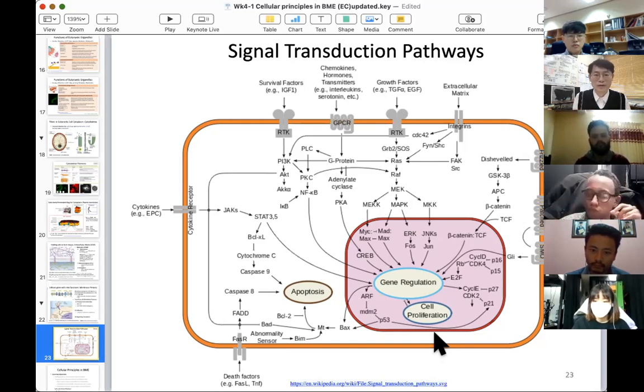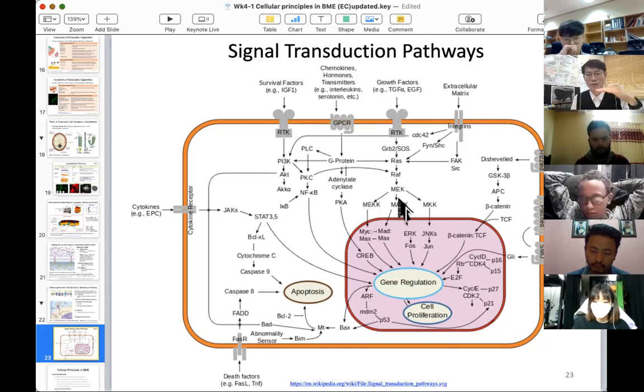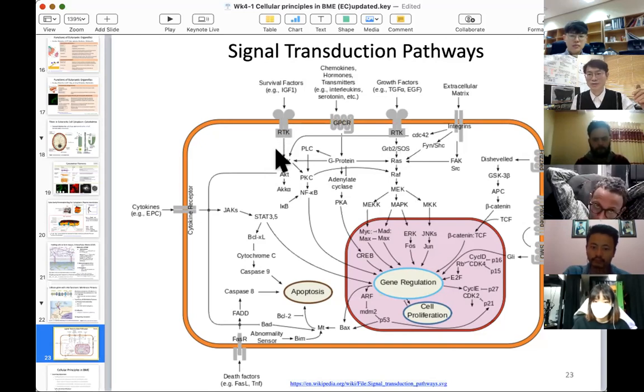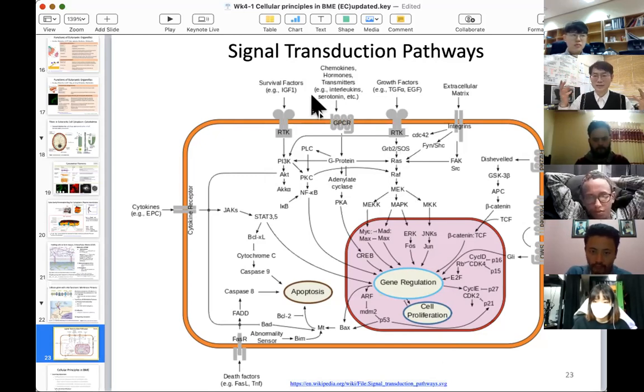So what about the strategy for this? Okay, you give this drug, you find out this MAPK expression is low, but let's say you find PI3 kinase is becoming high. Then I'm going to block this one too. So it's called combination therapy. And you hope that, hey, this will kill the cancer cell better. For example, drug A and drug B combination.